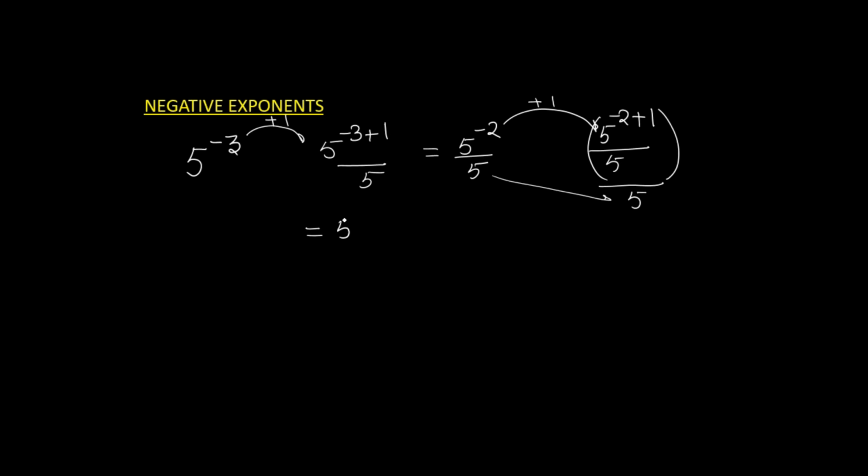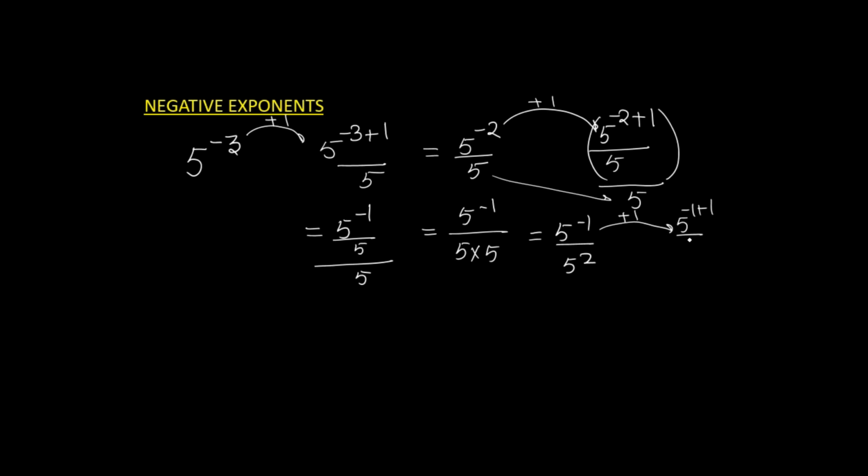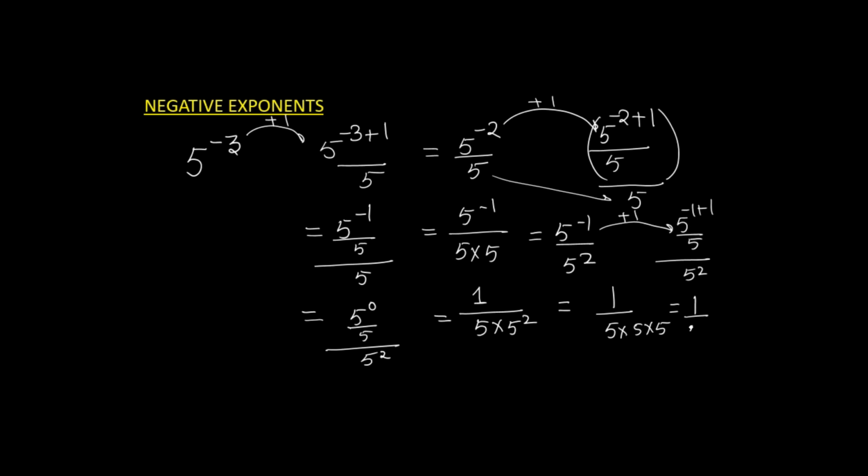So this gives you 5 to the power negative 1 divided by 5, and whole upon 5, which is 5 to the power negative 1 upon 5 into 5, that is 5 to the power negative 1 over 5 to the power 2. Now again I add a plus 1 and I get 5 to the power negative 1 plus 1, whole upon 5 divided by 5 square, which can be written as 5 to the power 0 upon 5, whole upon 5 square. 5 to the power 0 is 1, so it is 1 upon 5 into 5 square, which gives you 1 upon 5 into 5 into 5, which is nothing but 1 upon 5 cube.